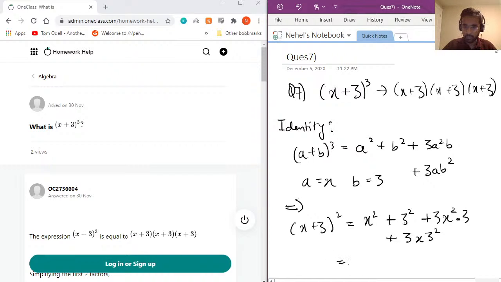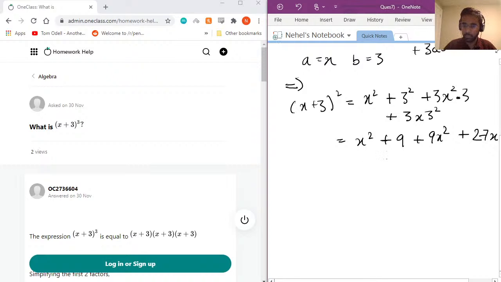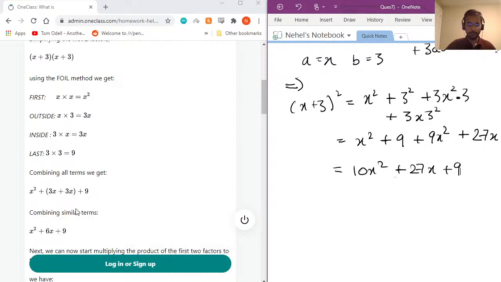If we further simplify this expression, we get x squared plus 9 plus 9x squared and 27x. We can add the two x squared terms and we would get 10x squared plus 27x plus 9.